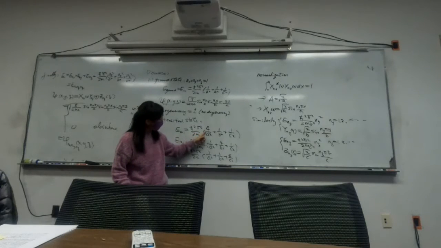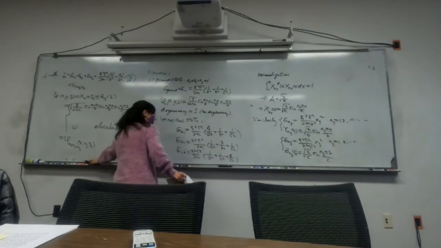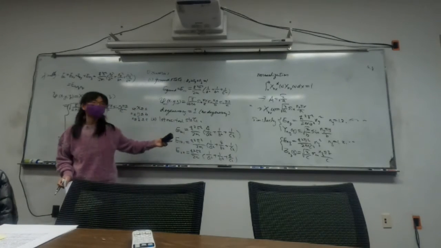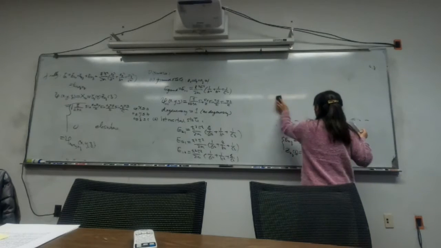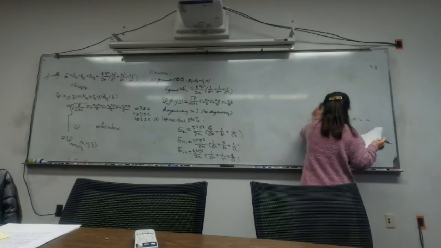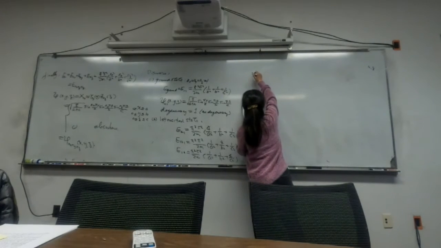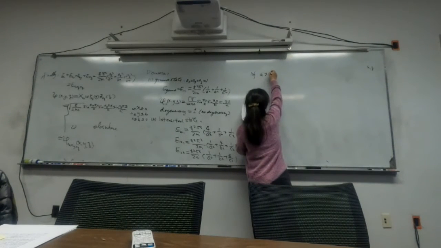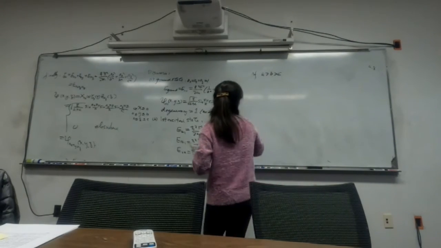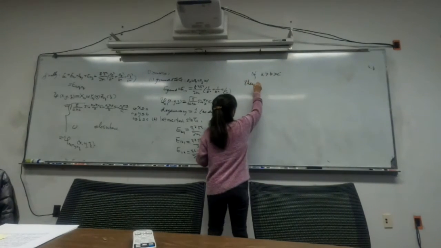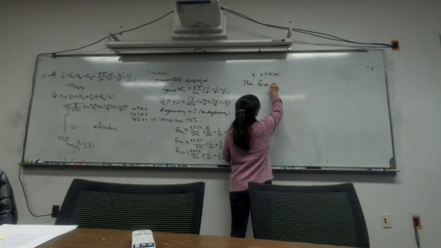So the only difference here: they are not the same, definitely not the same since a, b, c are not the same. So we need an additional condition or information. So if a is larger than b is larger than c, then which one is the first excited state?